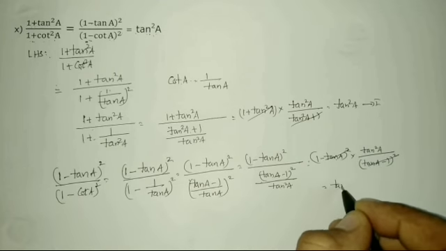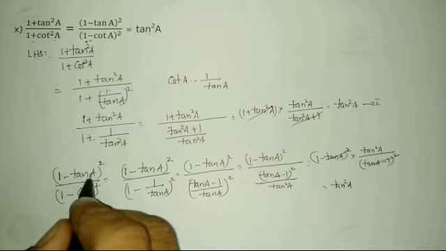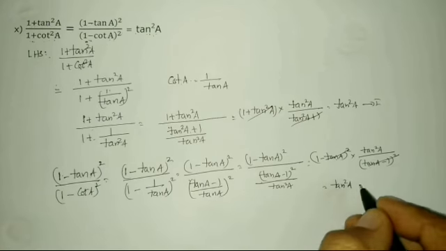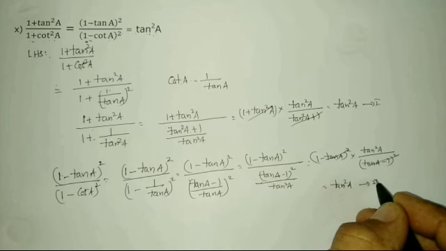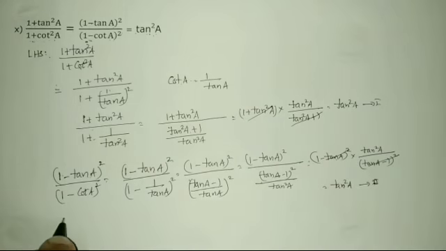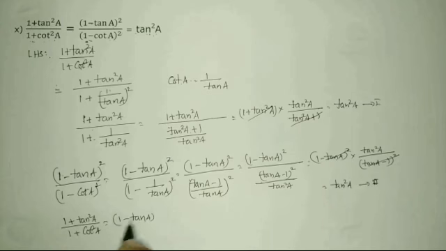You get tan square A. So 1 minus tan A whole square by 1 minus cot A whole square is equal to tan square A. So it is number 2. From 1 and 2 we get 1 plus tan square A by 1 plus cot square A equal to 1 minus tan A whole square by 1 minus cot A whole square is equal to tan square A.